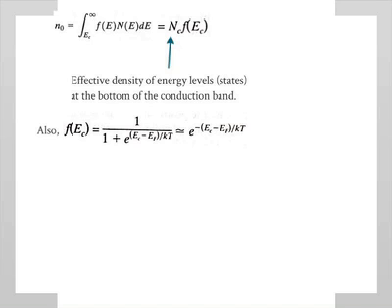You can recall 1 plus e raised to minus x, if x is very small, this is a Taylor series expansion, approximately equal to, and so on and so forth. And we can write 1 over 1 plus e raised to (EC minus EF) over kT as approximately that.